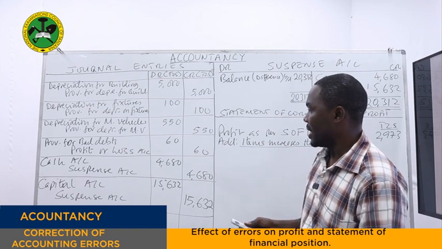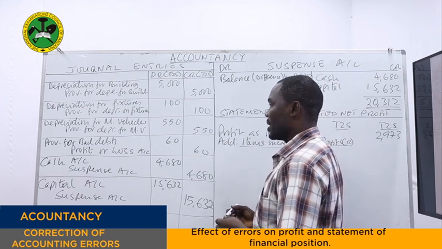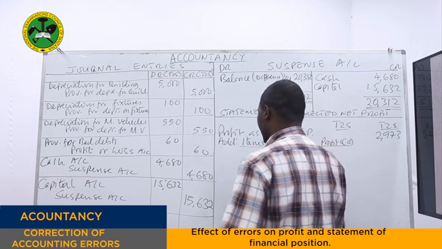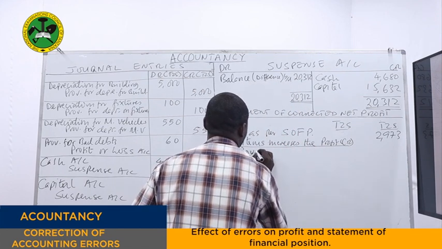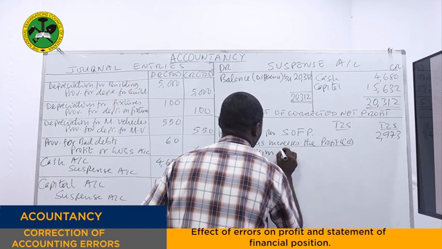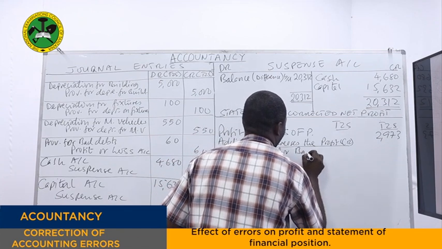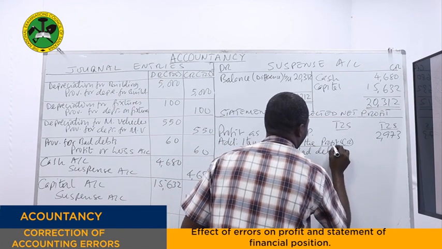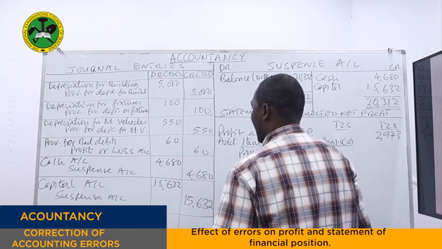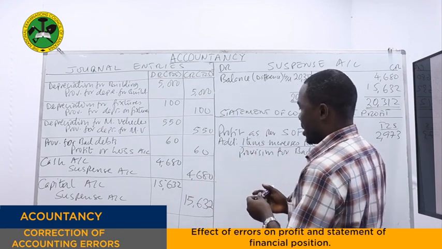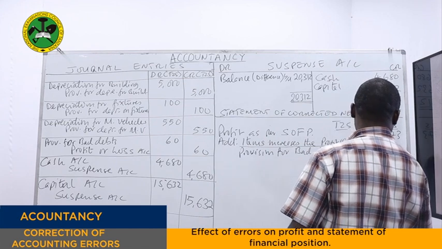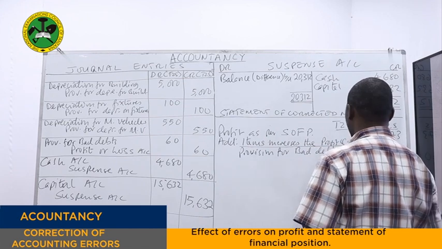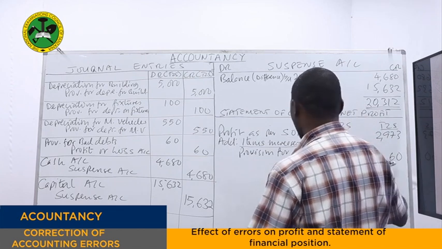That was provision for bad debts. Because it is only one item, we take it direct to this side.